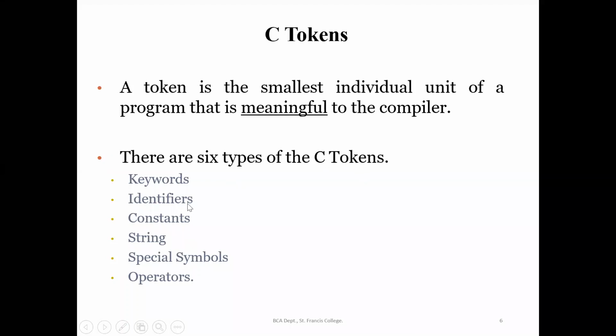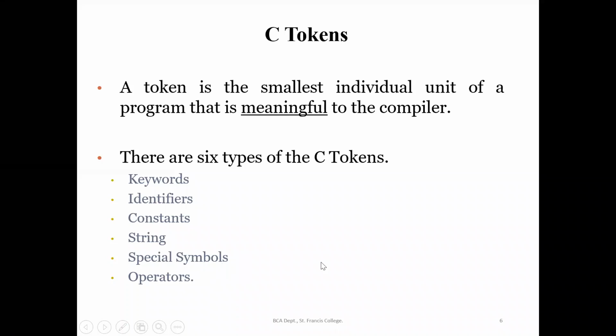If you declare ABCD as an identifier or a variable, it has to follow certain rules. If it is declared in that form only, the compiler will understand it is an identifier. Then for constants there are certain rules, for writing strings we have certain rules, and special symbols and operators also have their own.